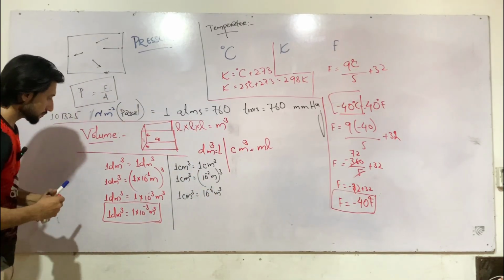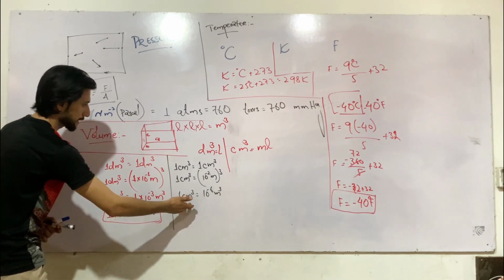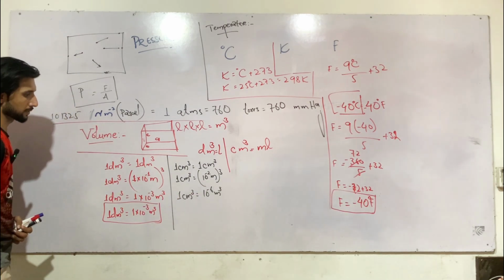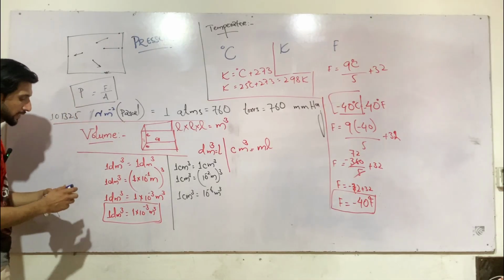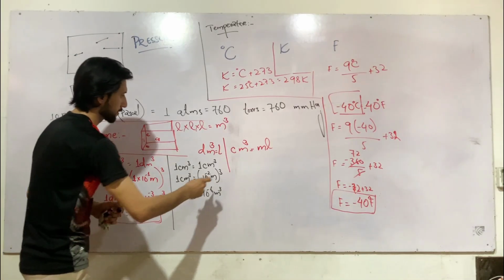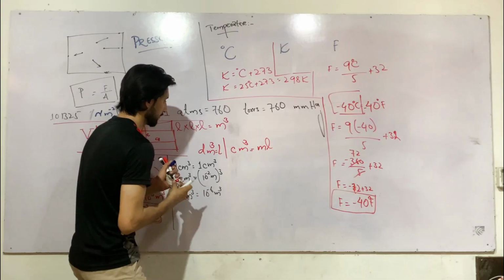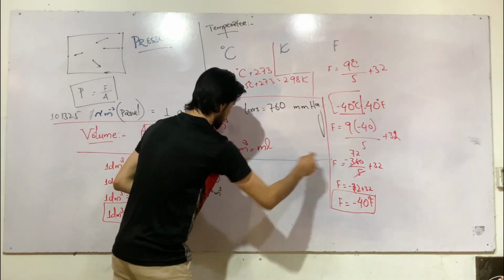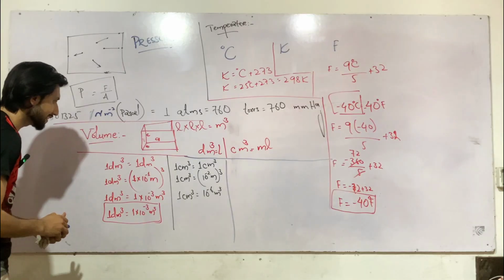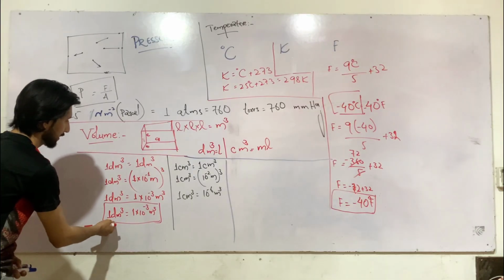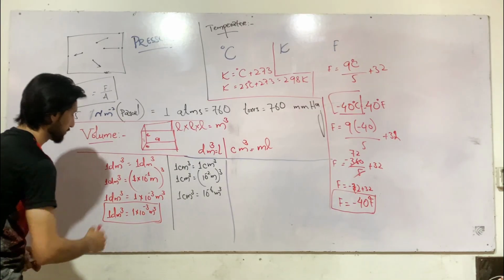Now, I have to relate centimeter cube and decimeter cube. What can I do? It is easy. We can do a bit of mathematics and relate them both. Let's divide centimeter cube by decimeter cube.